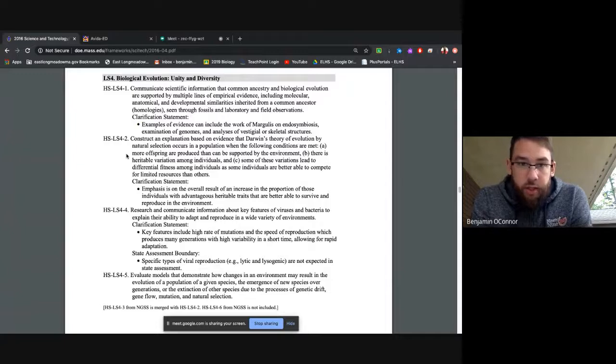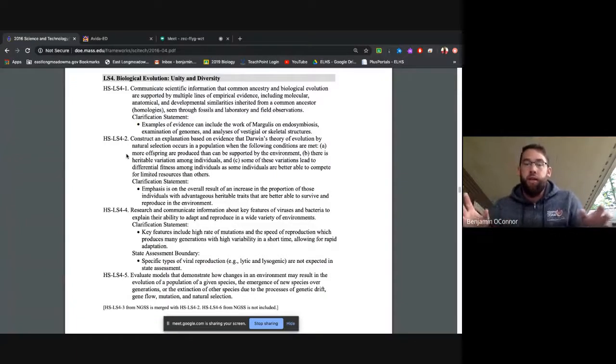Second condition, there is heritable variation among the individuals. So heritable, meaning that they are multi-generations passing down traits, and variation just means that everyone doesn't look the same, right? And the third condition, some of the variations lead to differential fitness among individuals, as some individuals are better able to compete for limited resources than others.